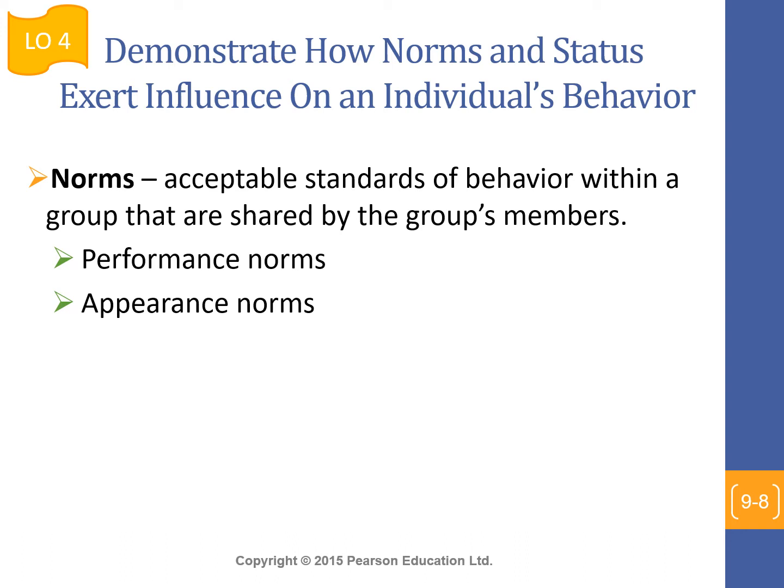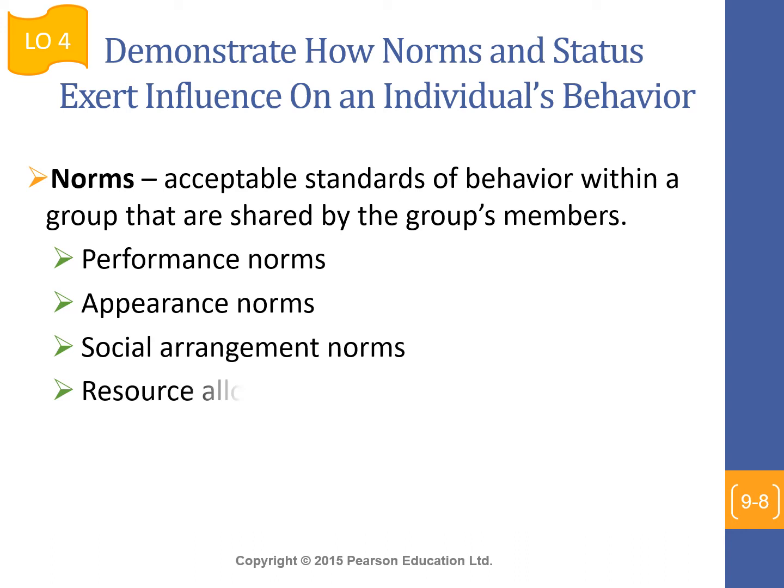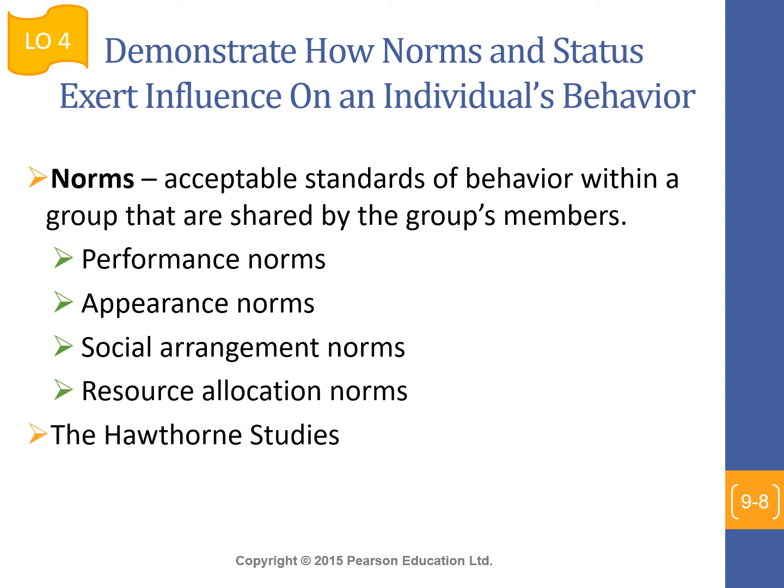So appearance norms, itu adalah norms, adalah kebiasaannya macam mana. Usually yang dekan-dekan ni nak lepak dengan yang dekan-dekan je kan, yang biasa-biasa lepak biasa-biasa je, yang suka-sukan je. So norms ni adalah kebiasaan yang kita wujudkan dalam satu group tu, and it becomes something that we are used to. Gitu. Social arrangement norms, resource allocation norms.